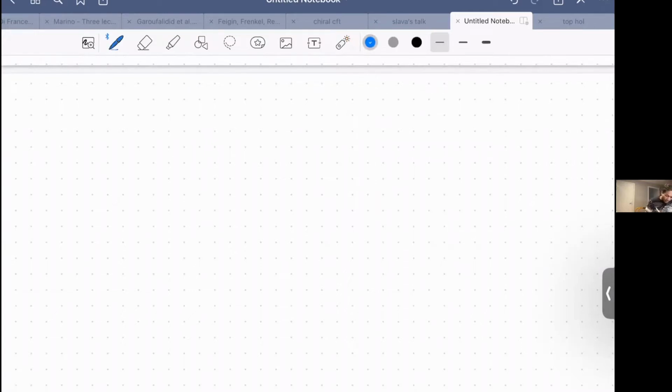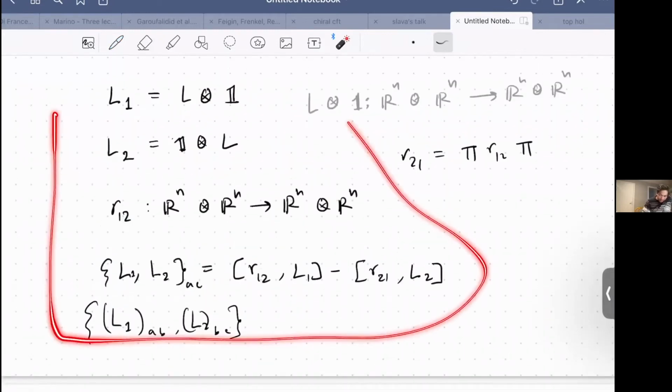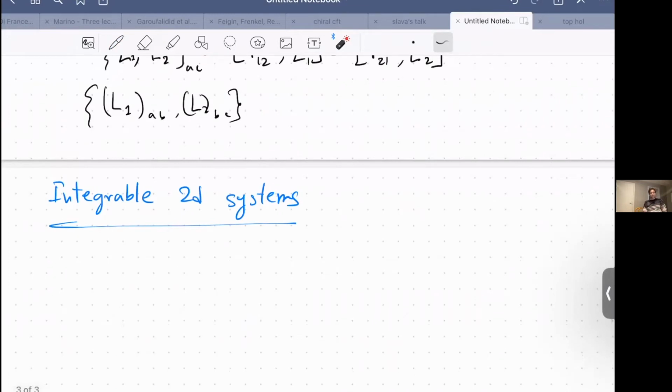So let me now talk about integrable 2D systems. Yeah, so once we have established this mechanism, there are different ways that we can generalize.